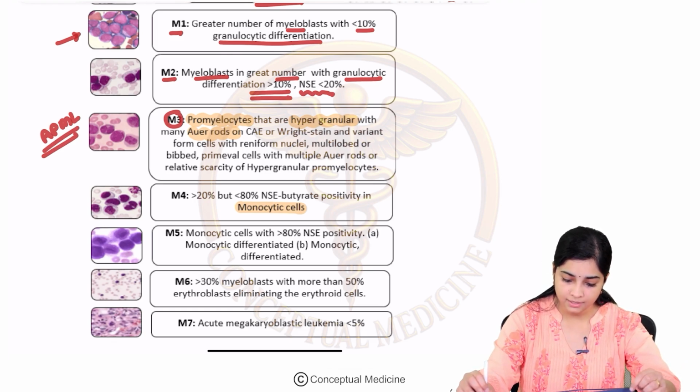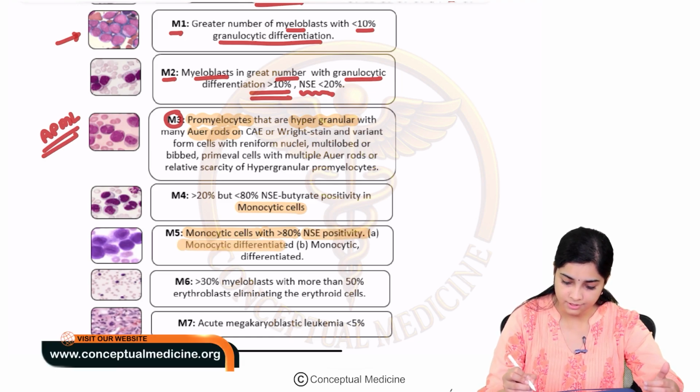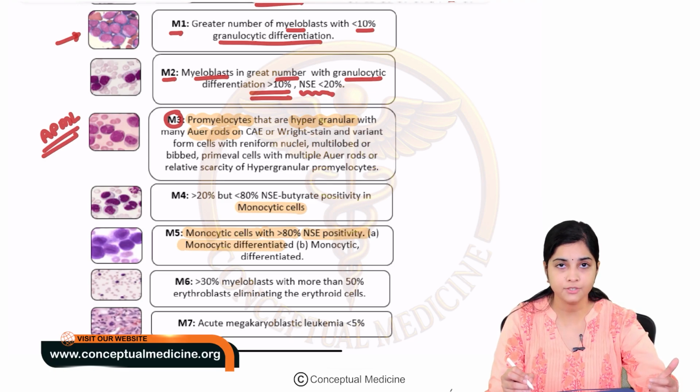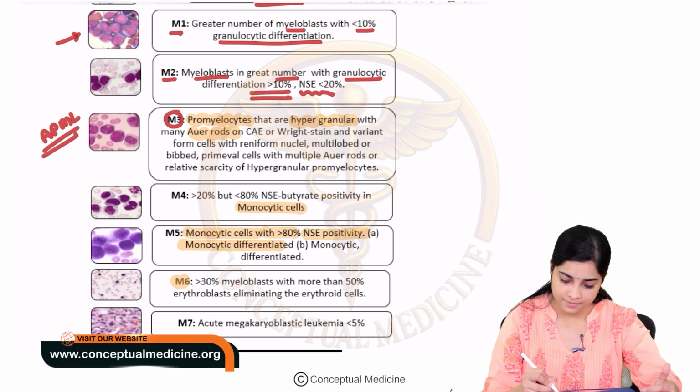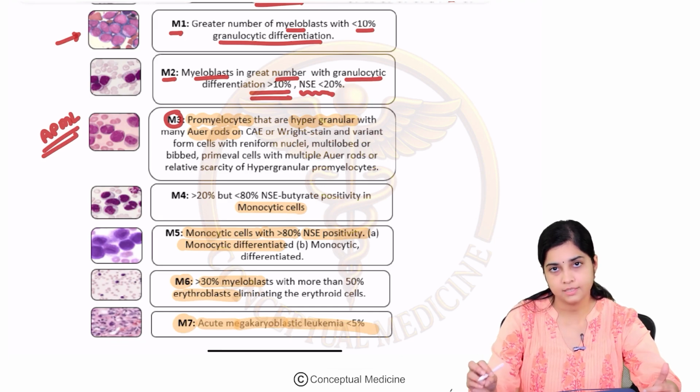So that is AML M4, and in your AML M5, the monocytic cells are more than 80% with NSE positivity, and they are differentiated. Then AML M6 has more than 30% myeloblasts, and erythroblasts are also present, and M7 is an acute megakaryoblastic leukemia.